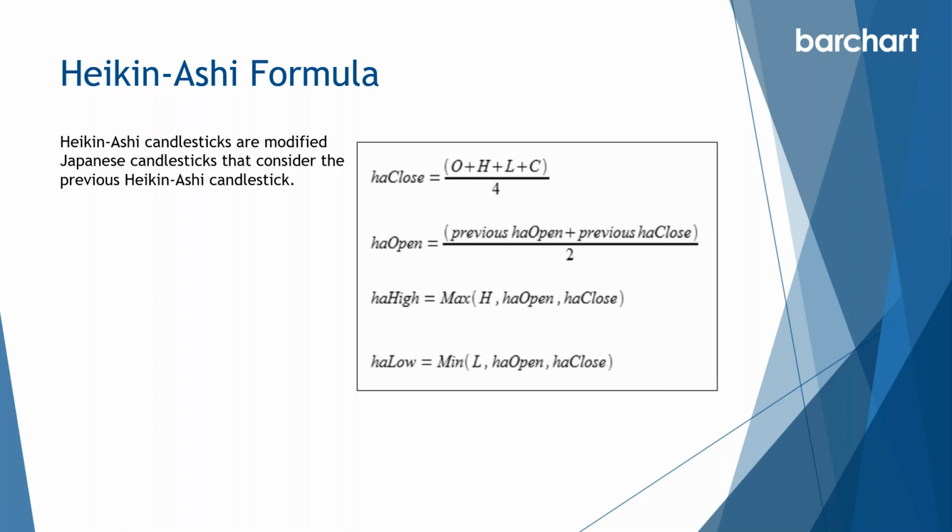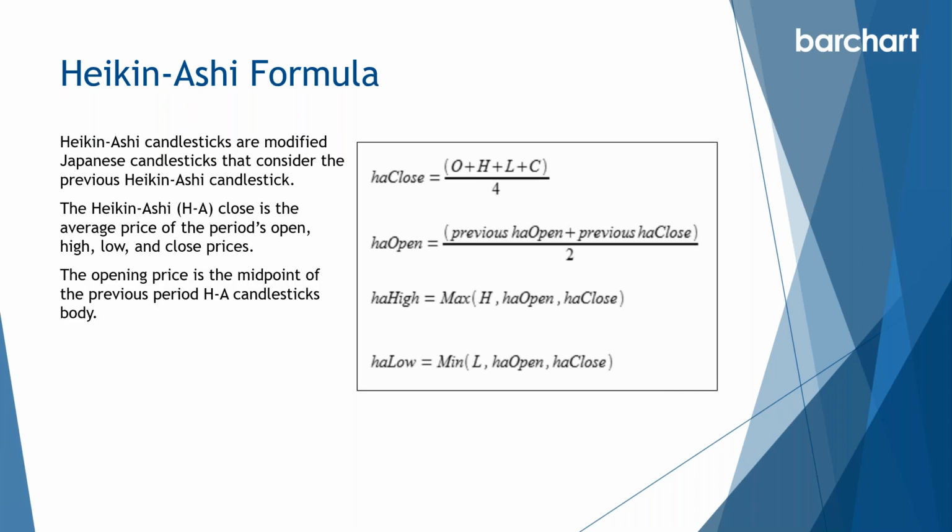The Heikin Ashi close is the average of the period's high, low, open, and close prices. The Heikin Ashi open is the midpoint of the previous period Heikin Ashi candle's body. The midpoint, that's going to be important. We'll look at that a little bit later.